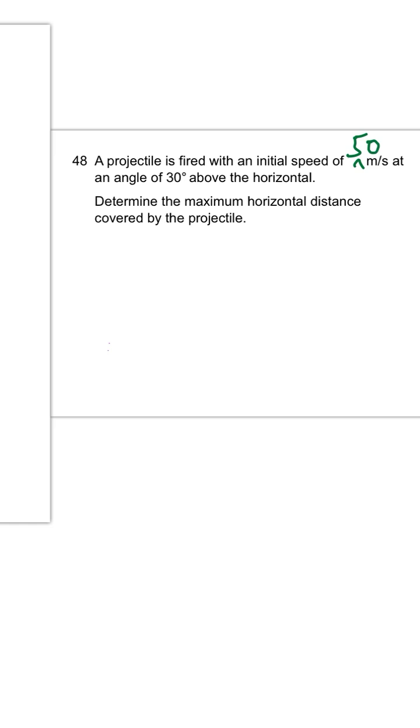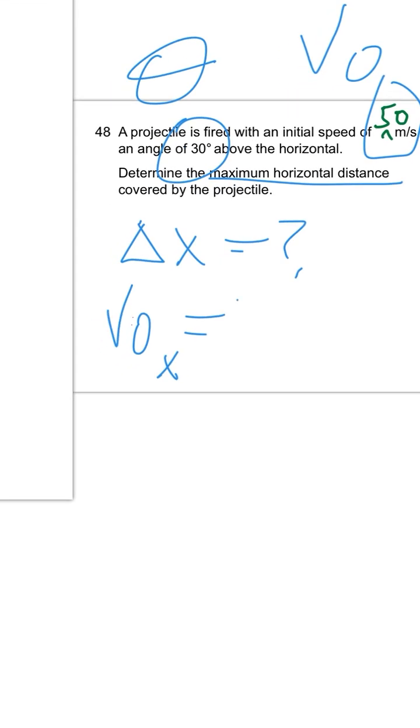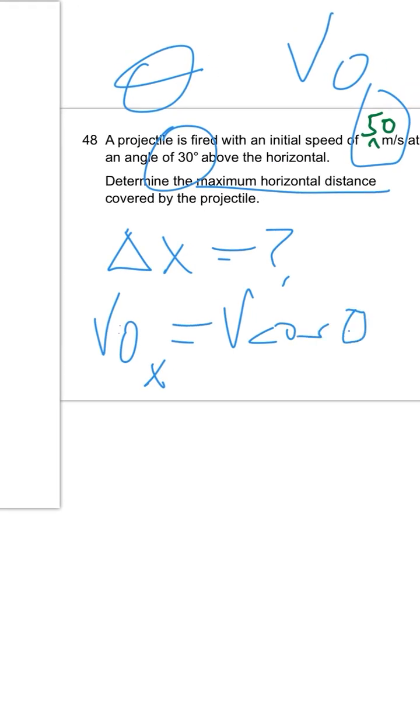So in this case, we want to find the range, maximum horizontal distance. So here's VO, here's the launch angle, and so we've got to find x and y components. Well, at least the x one. So VOX equals V cosine of theta.